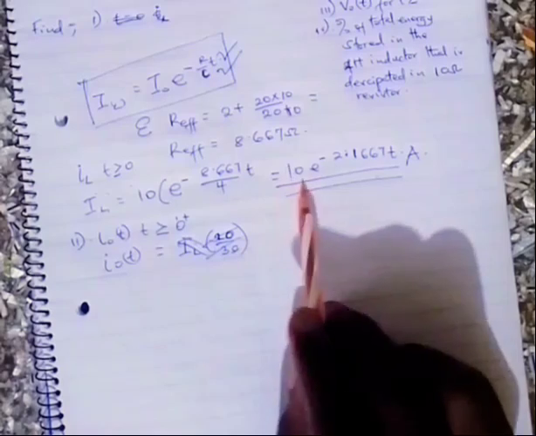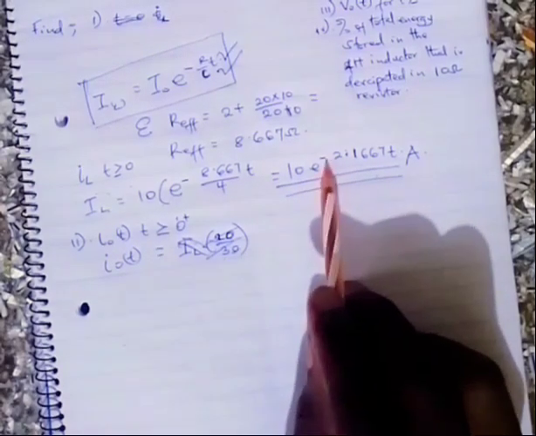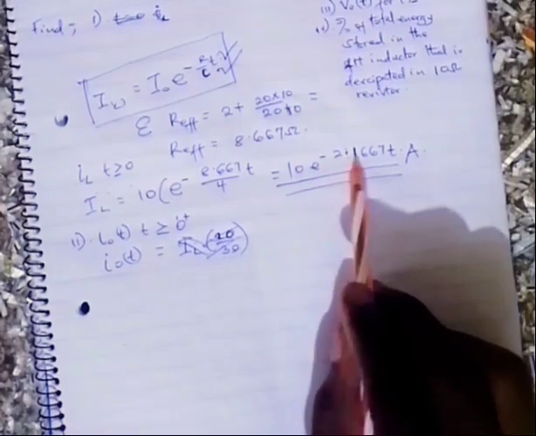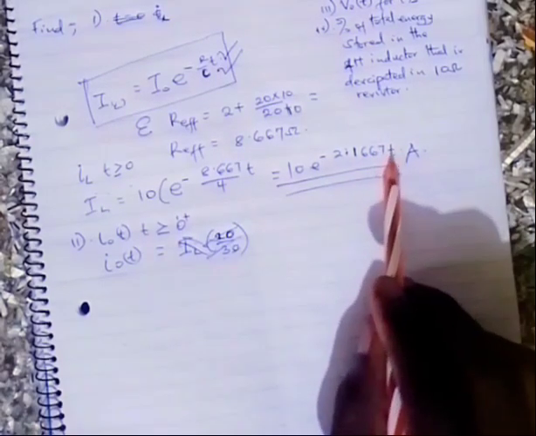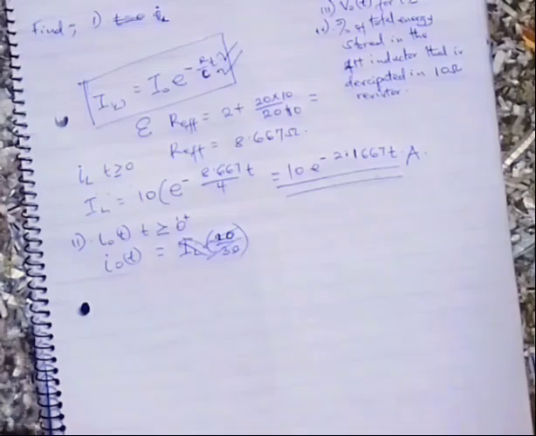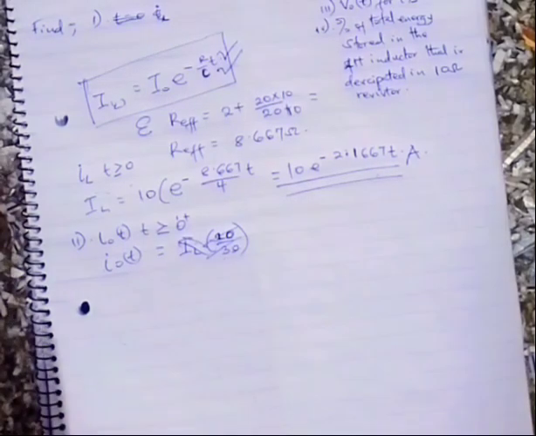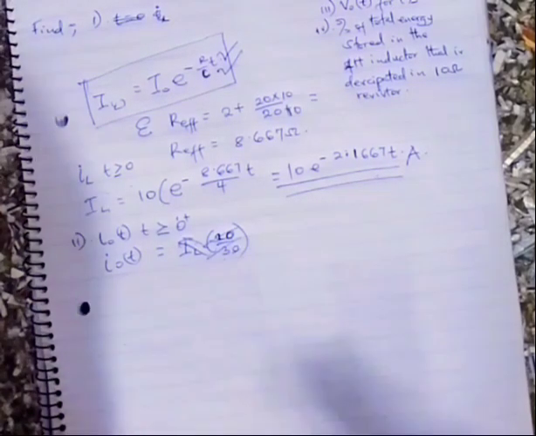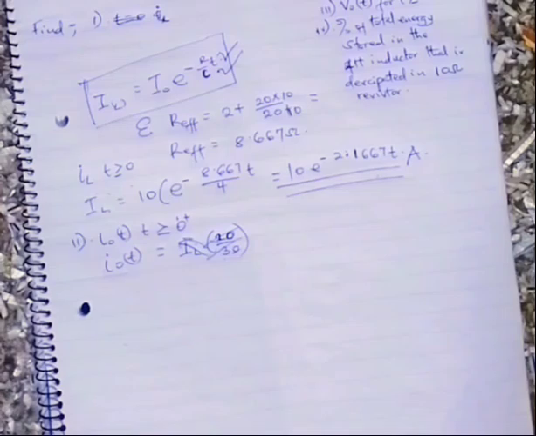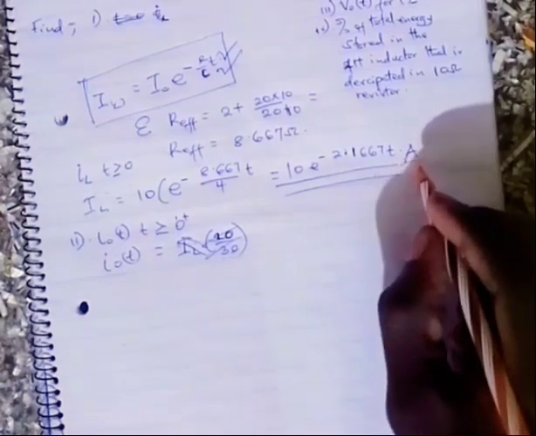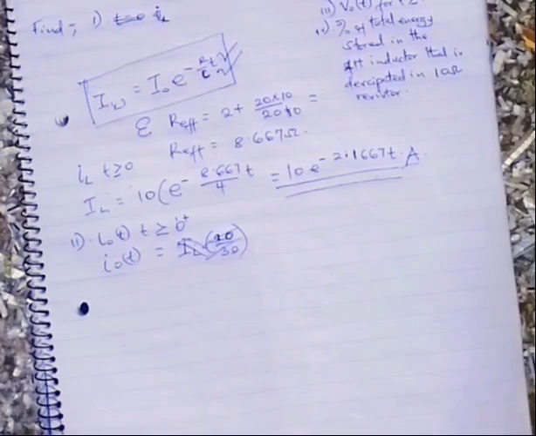That equals 10 exponential negative 2.1667 t, or you can leave it as a fraction, 10 exponential negative 13 over 6 t. So that's the final answer for iL.